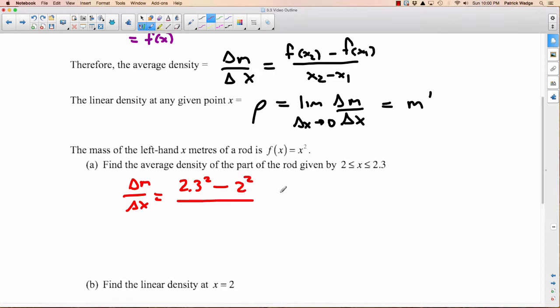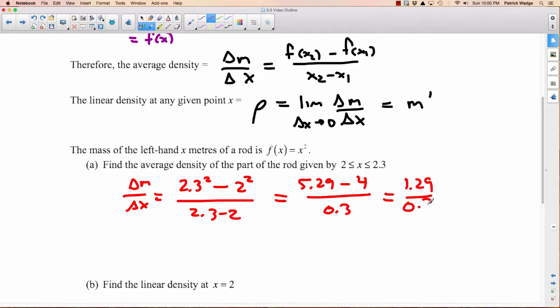And then we divide by x2, which is 2.3, minus x1, which is 2. So 2.3 squared is 5.29. 2 squared is 4. We're going to divide that by 2.3 minus 2, which is 0.3. So that's equal to 1.29 over 0.3, which is equal to 4.3 kilograms per meter.